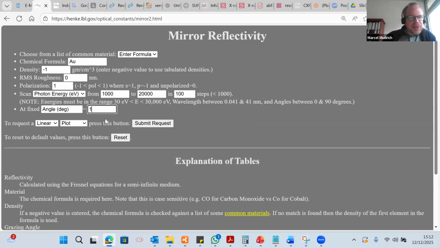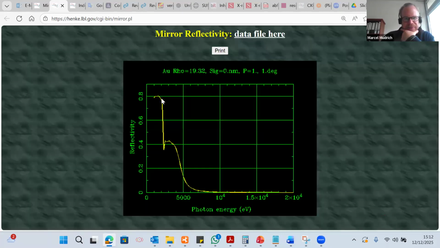Let's say 1 degree. That's the reflectivity that you get, right? So here we have 80% reflectivity only below 2 keV roughly, and then it sharply drops.